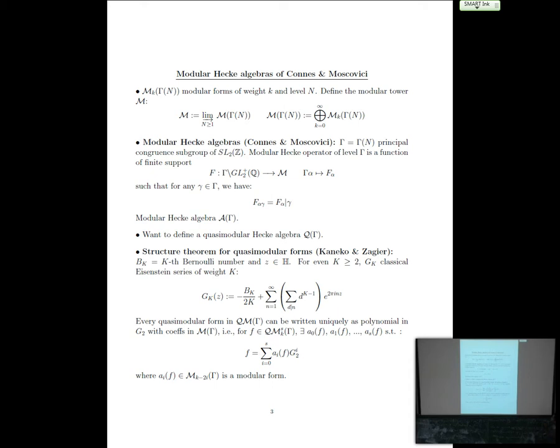And now, when we talk about quasi-modular forms, we have this structure theorem due to Kaneko and Zagier, where you take the Eisenstein series, the definition of the Eisenstein series, and every quasi-modular form in QM gamma can simply be written as a polynomial in G2 with coefficients in M gamma.